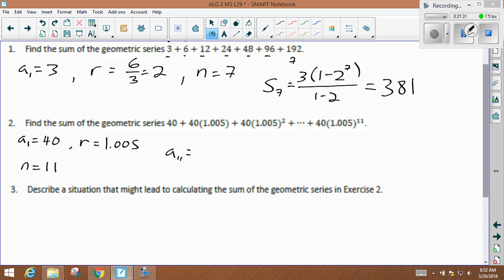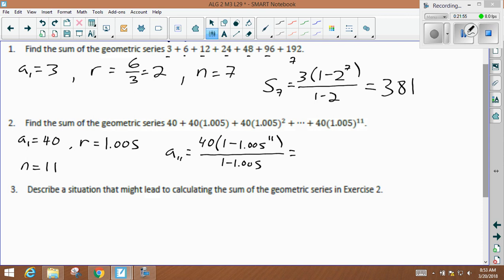So a sub 11 is equal to 40 times 1 minus 1.005 to the 11th power divided by 1 minus 1.005.